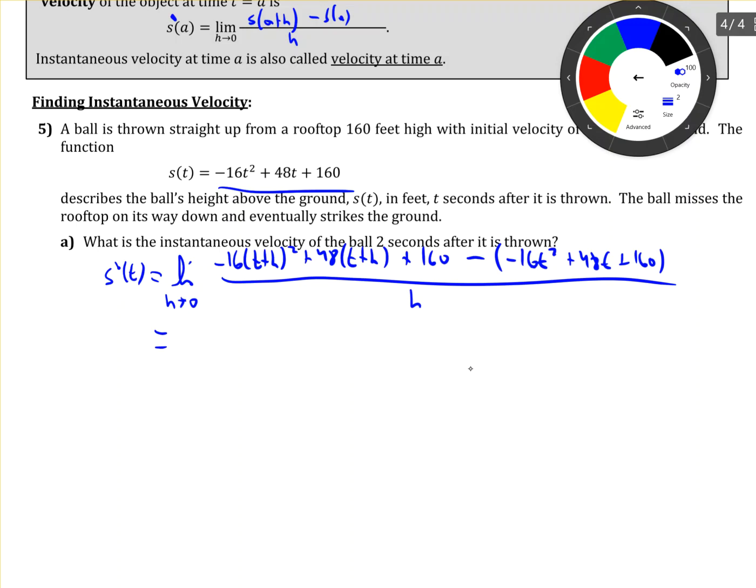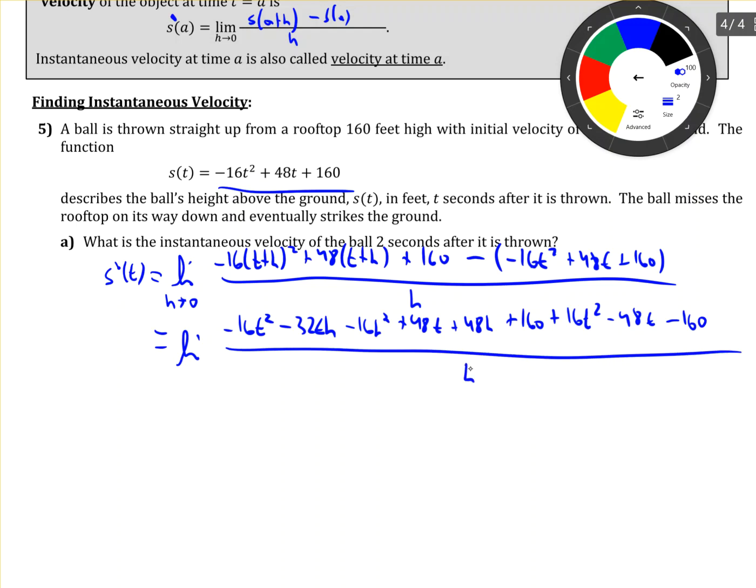And so now I multiply all this out, so I get negative 16t squared minus 32th minus 16h squared plus 48t plus 48h plus 160, and then I'm going to get plus 16t squared minus 48t minus 160. That's all over h.